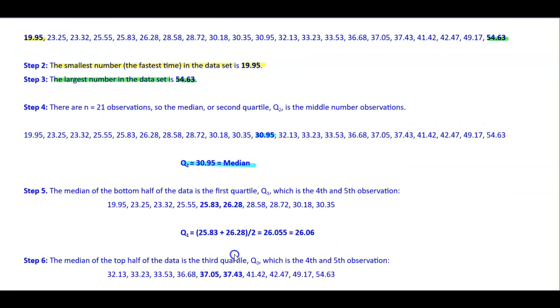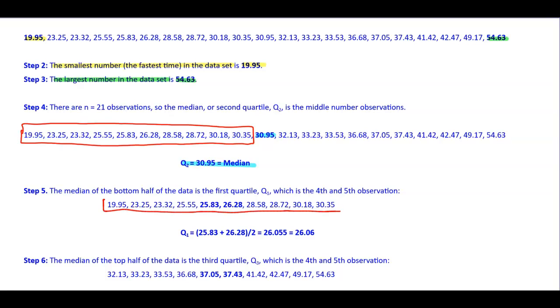Next, in step 5, we want to find Quartile 1. The median of the bottom half of the data is the first quartile, Quartile 1. Here we have the bottom half of the data.